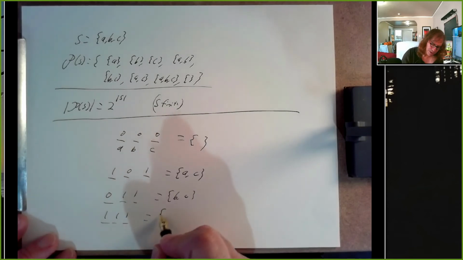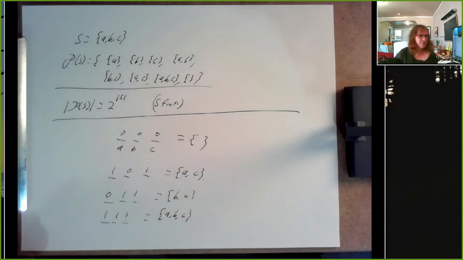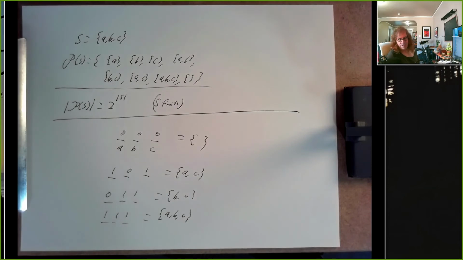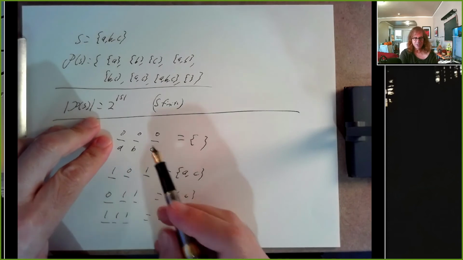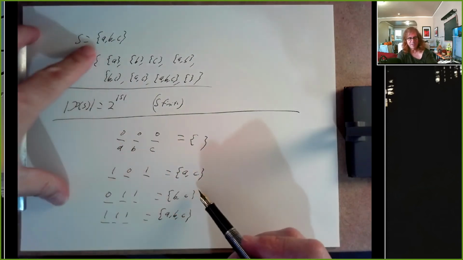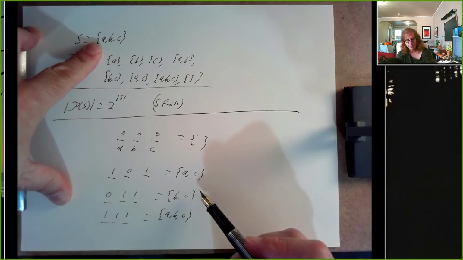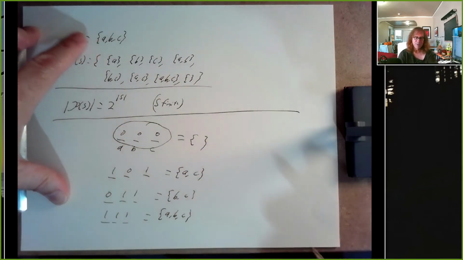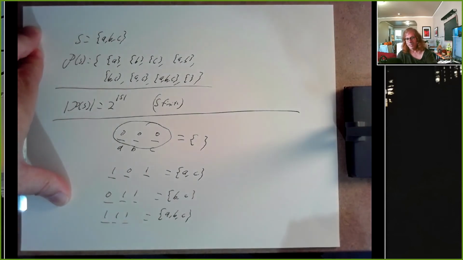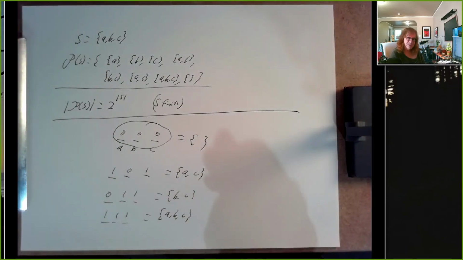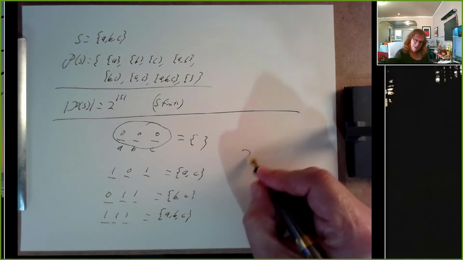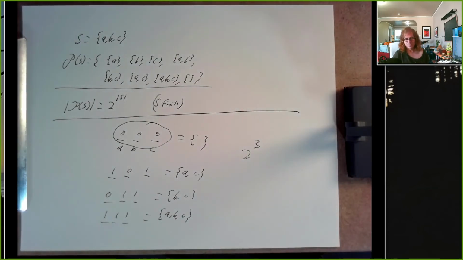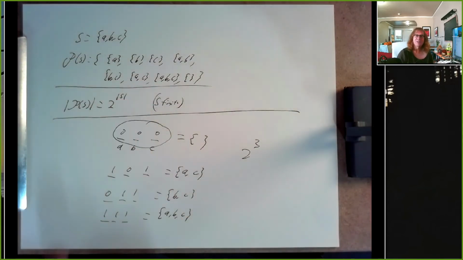All 1s would correspond to the set ABC, and so on. There was a 1-to-1 mapping between these 3-bit numbers and possible subsets of ABC, which means the total number of subsets was just the total number of possible 3-bit numbers. And from Engineering 250 and other courses, we know that the number of 3-bit numbers is just 2 to the third. So that was one way to see that this property holds for the number of subsets of a finite set.